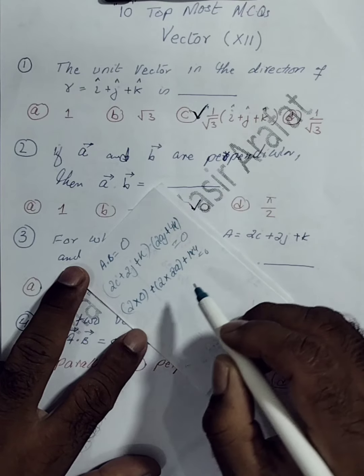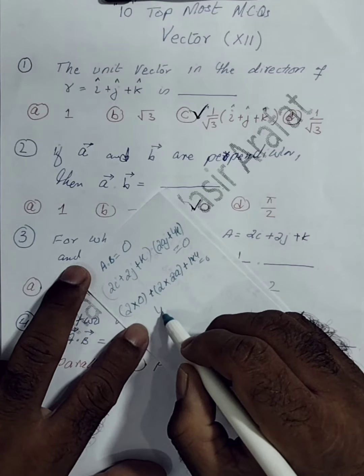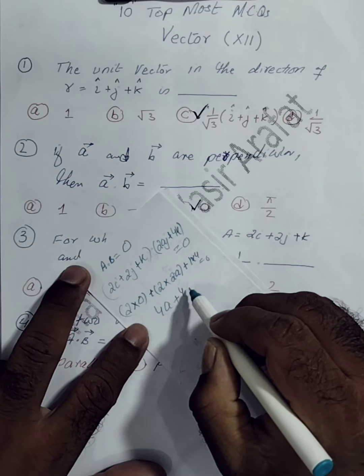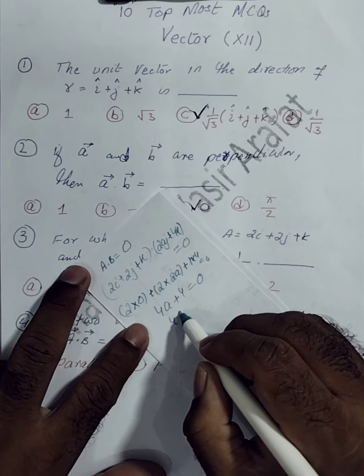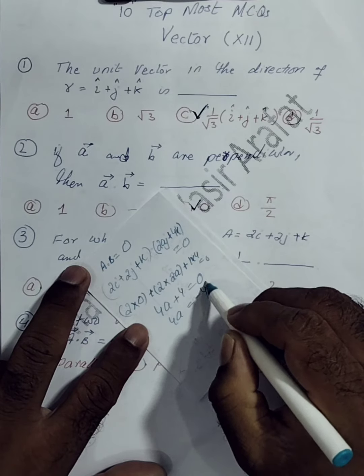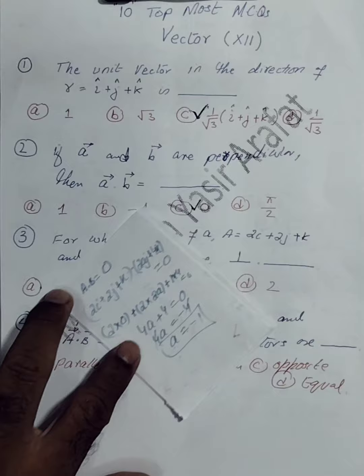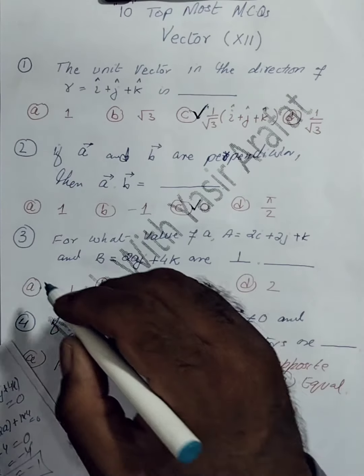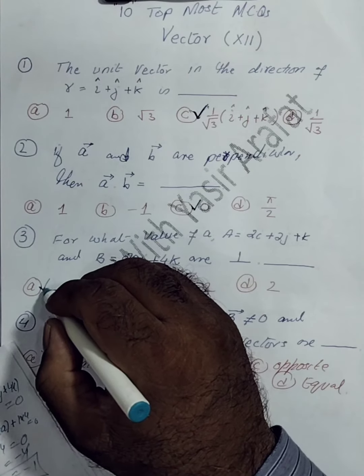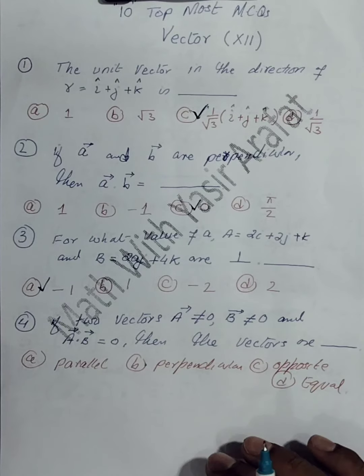So this factor will be 0, and 2 twos are 4a, and 4 ones are 4, equal to 0. So 4a equals minus 4, this will cancel out, so the value of a is equal to minus 1. So option A is correct for the third MCQ.